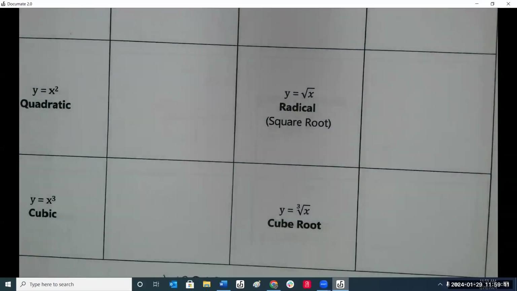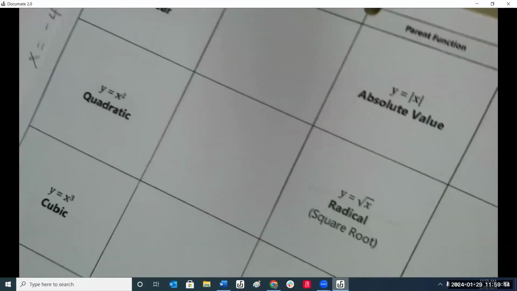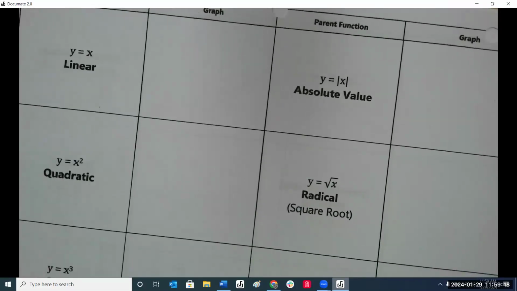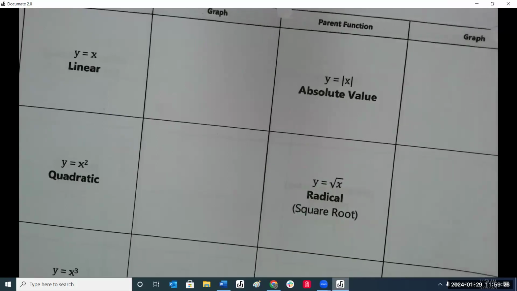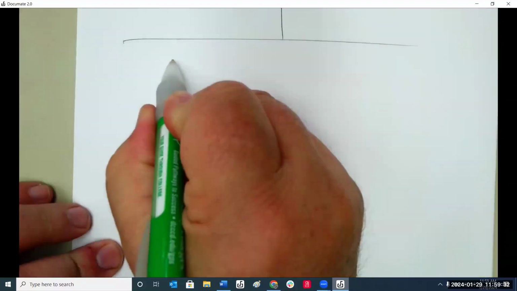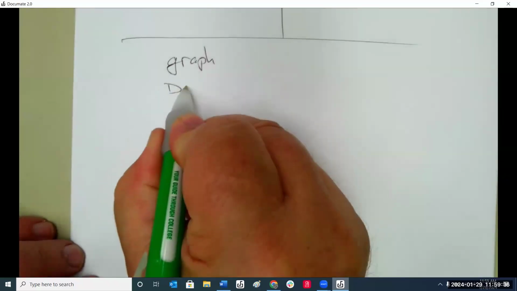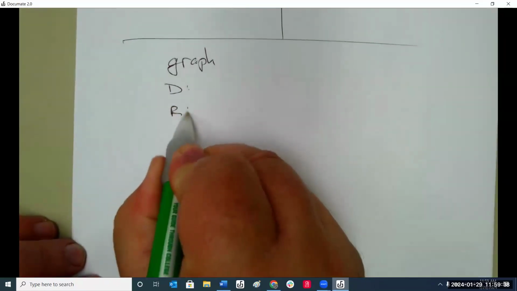And that's the stuff we did last time. Now I gave you the chart. Without using your notes, but using your neighbors, fill these in. Give me the graph of the function, the domain, and the range.